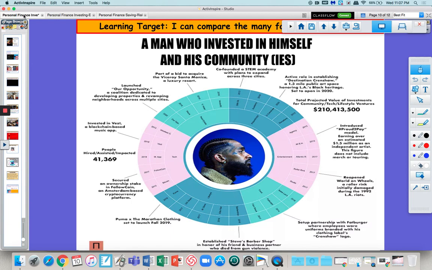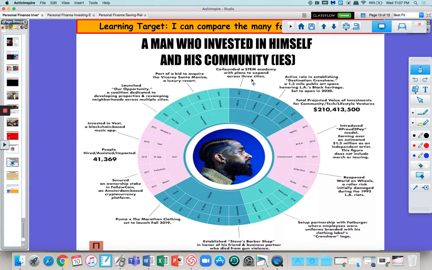But if you look at this picture, and I hope you guys can see it okay, here is all the money Nipsey Hussle put back into the community that he lived in, right? For example, he invested in blockchain music apps. He launched Our Opportunity, which is an organization that helps revamp neighborhoods and cities.